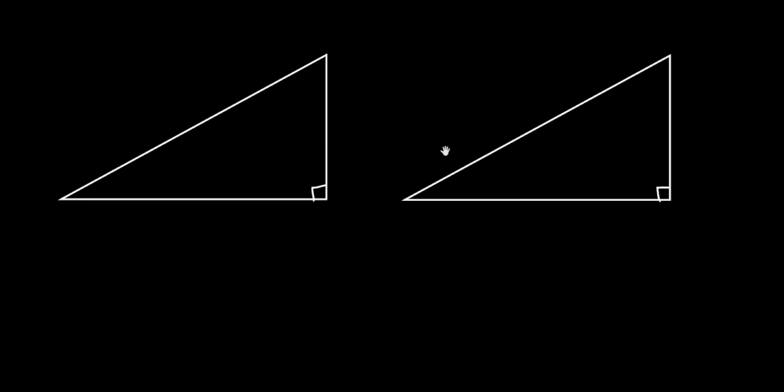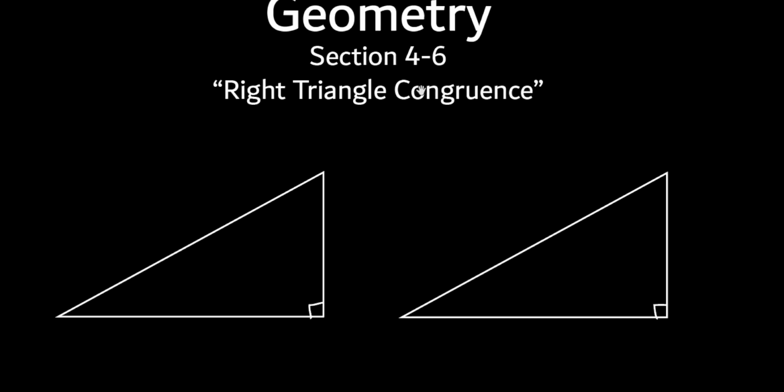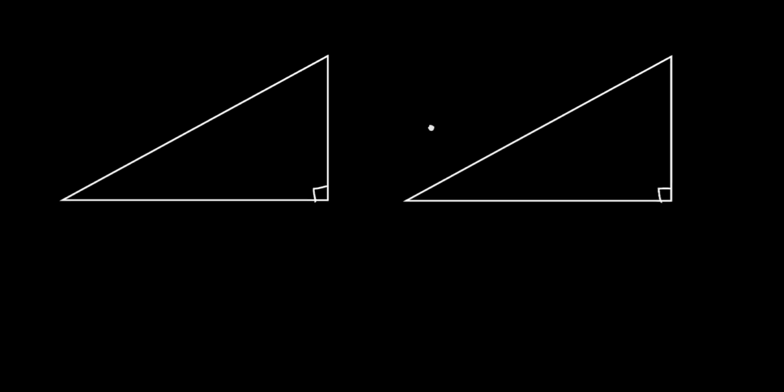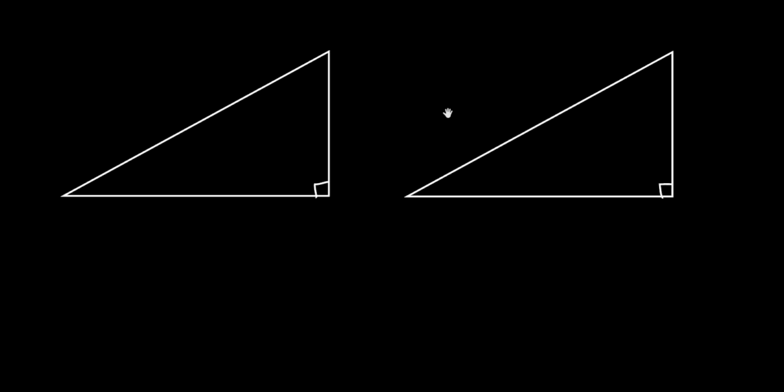All right, so the name of this lesson is called Right Triangle Congruence because it's only dealing with right triangles. So what we're doing today only has to do with right triangles. There's a lot of things to know about right triangles.